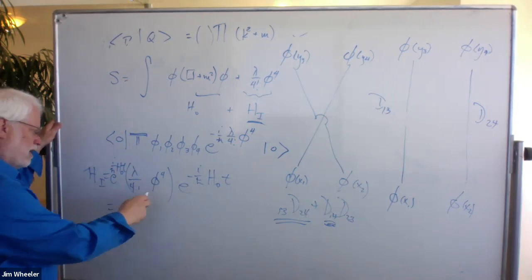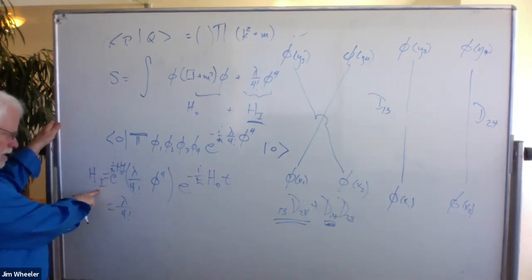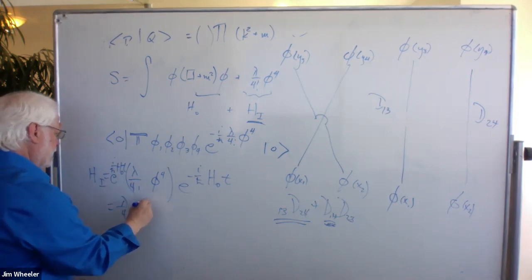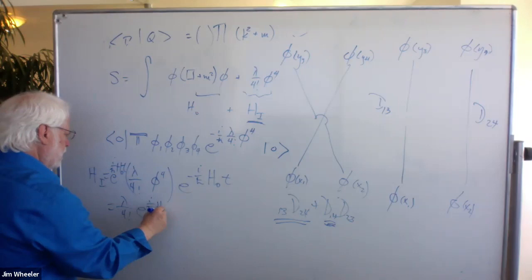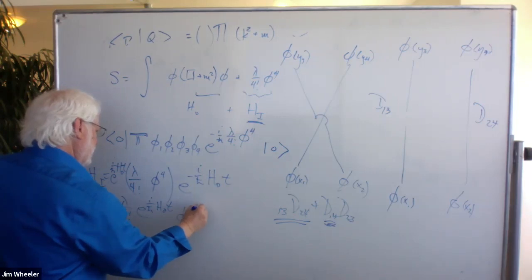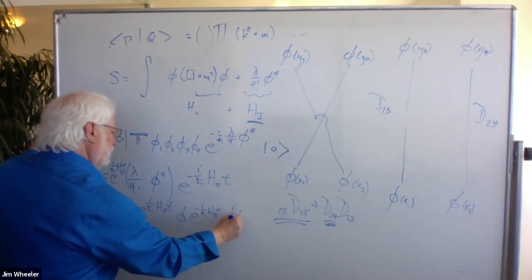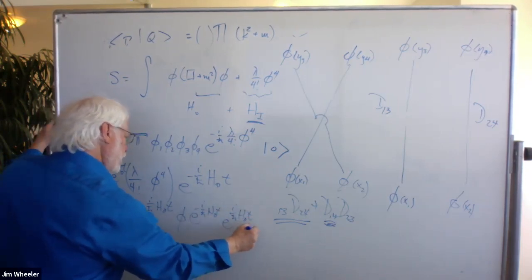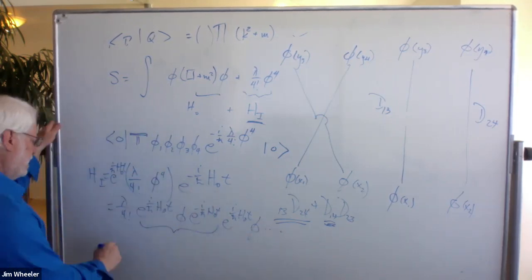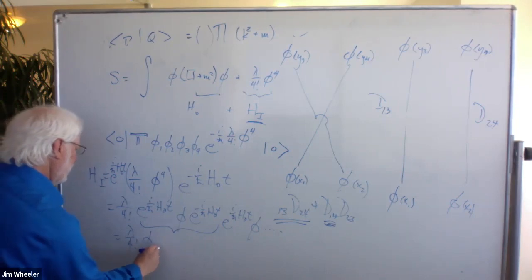But what we can do is insert identities. So this is lambda over 4 factorial, what we call the interaction Hamiltonian. That's what goes in the exponent. But now if I write e to the i over h bar, free Hamiltonian times time, times one of the phi's, and then I introduce an identity here written as a product of these, and then we have the next phi and so on, we're going to be able to identify this as a product of 4 interaction fields, phi I to the 4th.